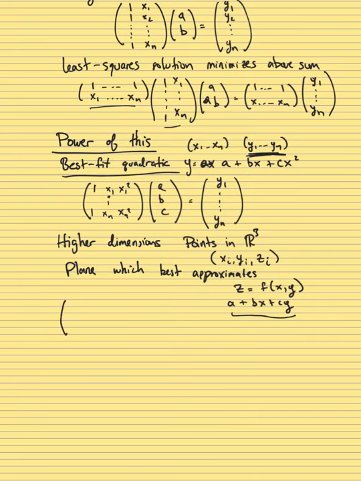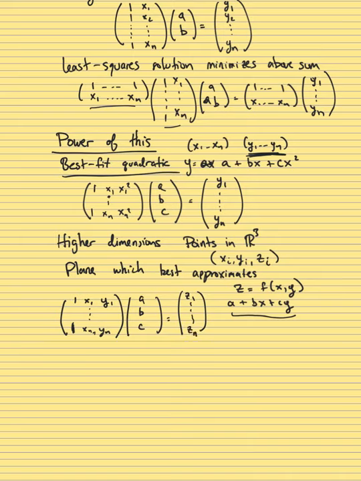Well, again, it's going to be exactly the same procedure as the above. Now we're looking at rows 1, x1, y1 up through 1, xn, yn, and plugging in a, b, c, and we are trying to hit z1 up through zn.